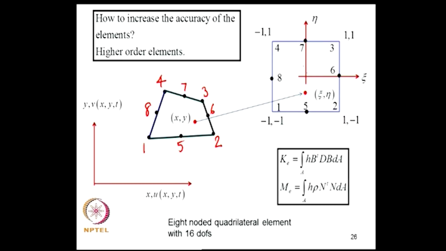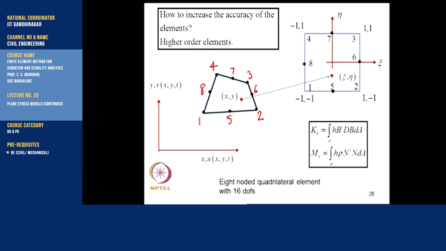Again we will transform this to a square region and evaluate the elements of stiffness and mass matrices using Gauss quadrature. So, this is a 8 noded quadrilateral element with 16 degrees of freedom.